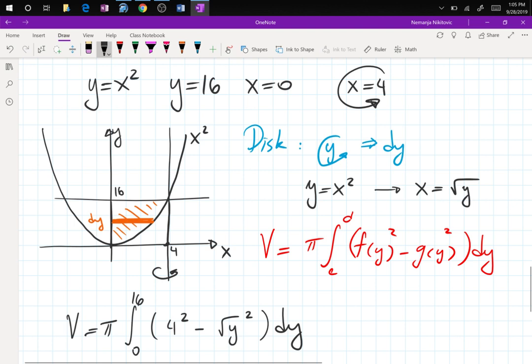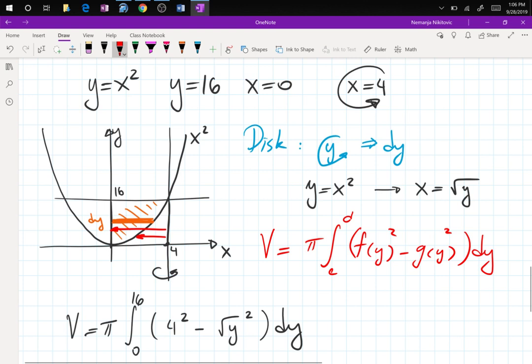I think this is it, because you are measuring far away minus close by, and you're going to the left. So you are 4 units out, and then minus the square root of y to measure the top and the bottom, and then 0 to 16 on the limit.